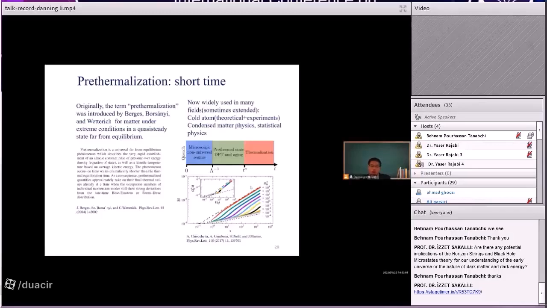So since in the soft-wall model we can have all these ingredients, it's also interesting to try to study the real-time dynamics in this time area.